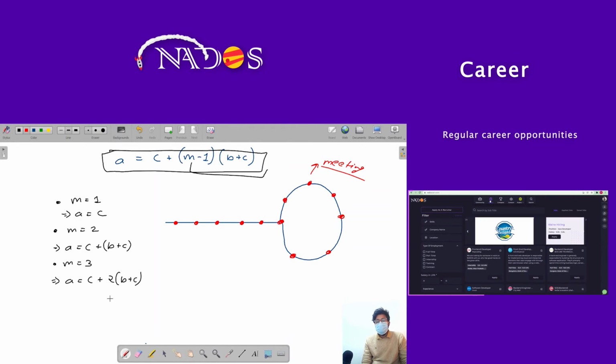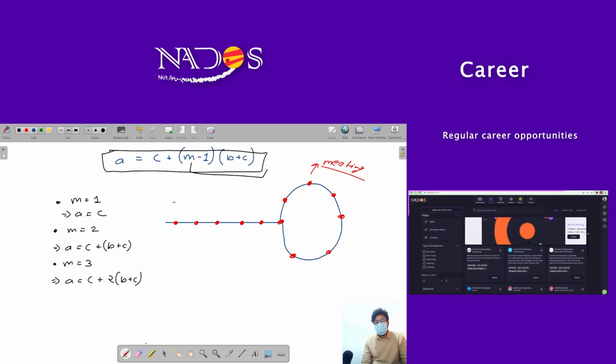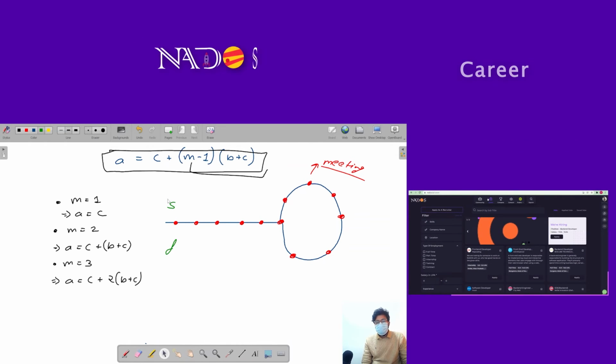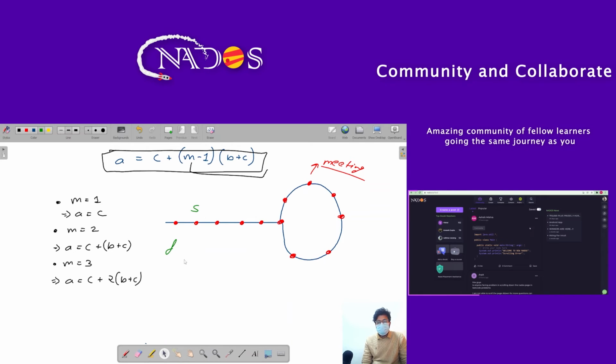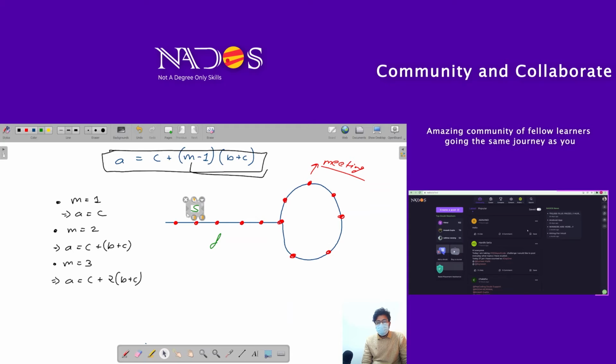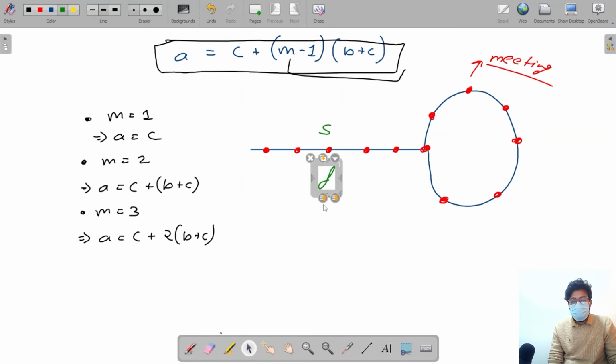Let's check how. So I'll take an F, and then I'll run them. Let's run S once. F will go 2 times. Then again S will run 1, F will go 2 times. Then again S will go once, F will move 2 times.